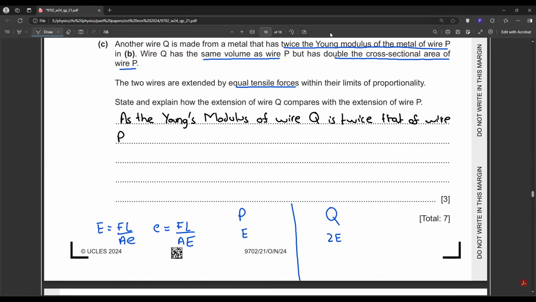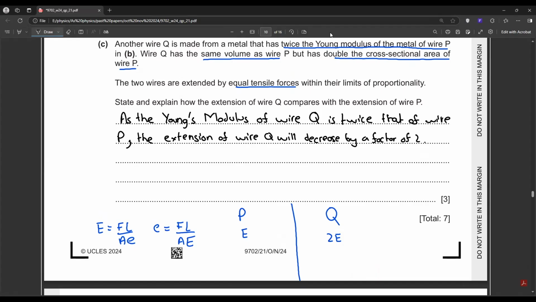The extension of wire Q will decrease by a factor of 2.